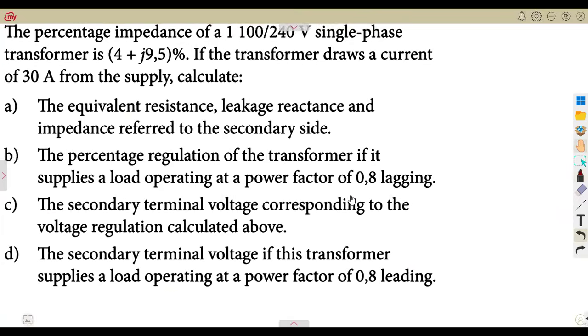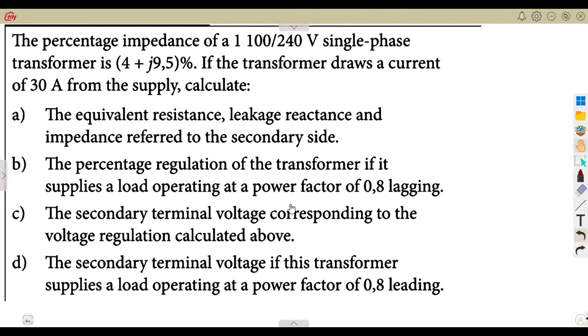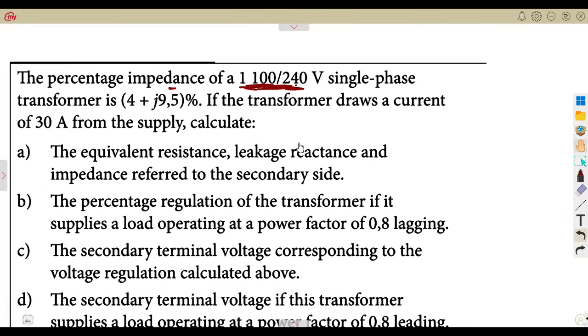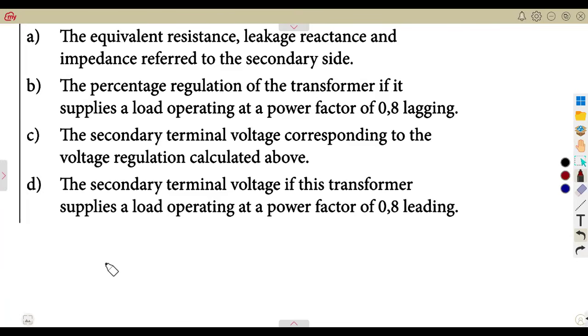In this question, we are given the percentage impedance. Take note. Okay, let's talk about this before we talk of the percentage. This is input, output, like primary and secondary. So the voltages are V1 and V2. Let's just have our data there.